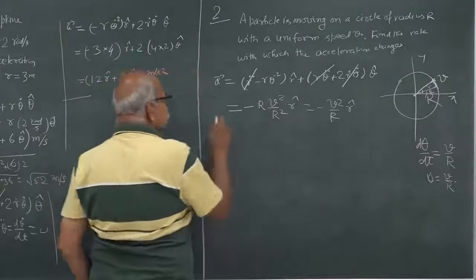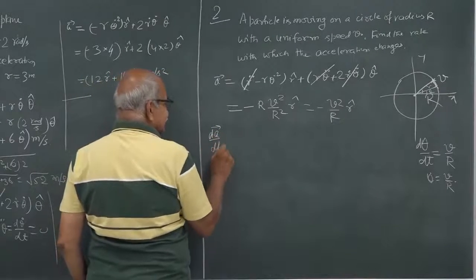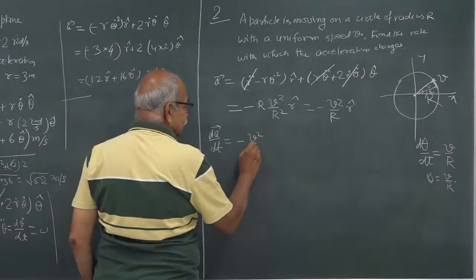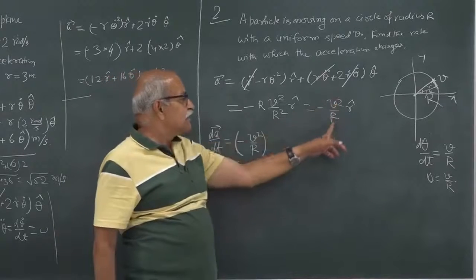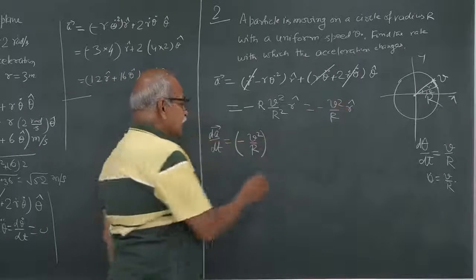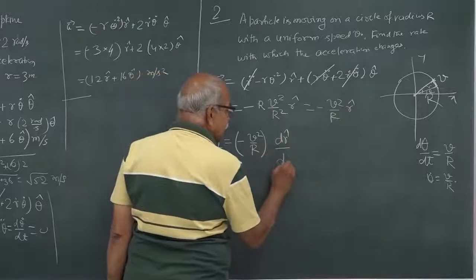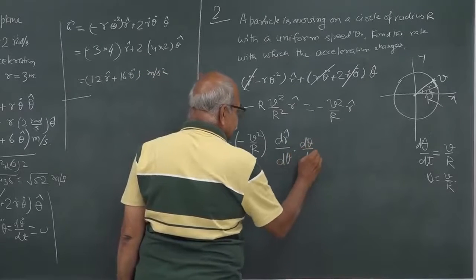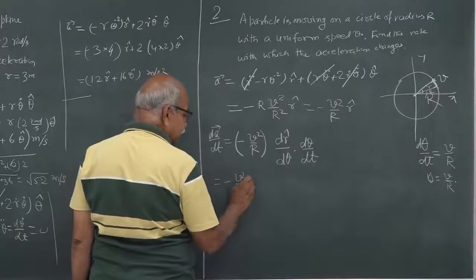Now comes the rate of change of acceleration dA dt. Minus v square by r is constant, r cap. So, this is dr cap dt, which is dr cap d theta, and then d theta dt, times minus v square by r.